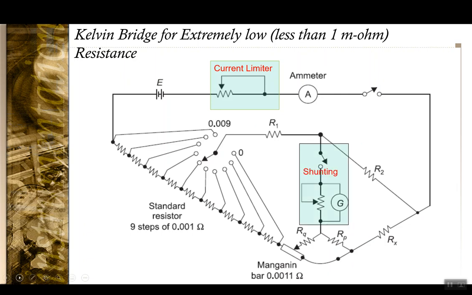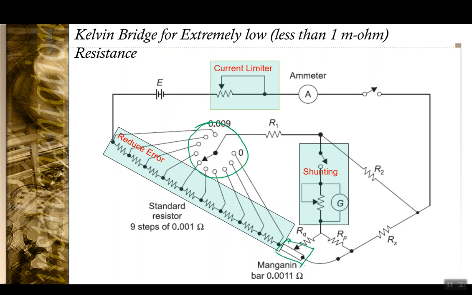Okay, then you have this shunting circuit, so that the galvanometer is protected until near balance is achieved. Okay, and thirdly you have a potentiometer setup here in addition to the variable resistance here.